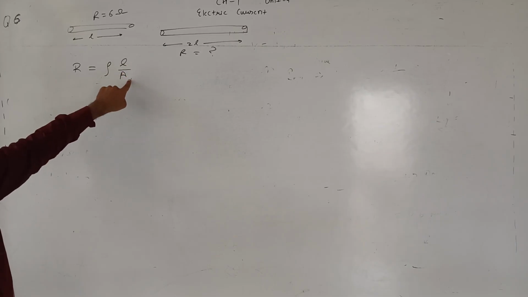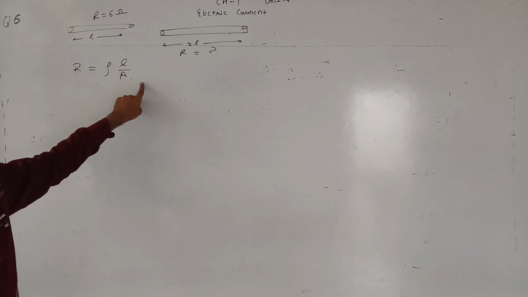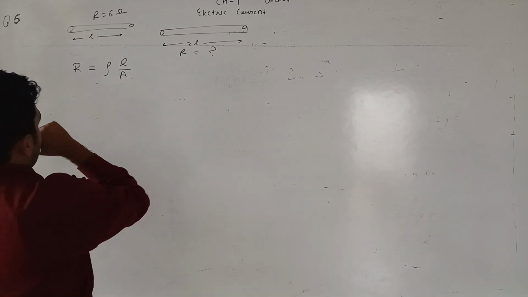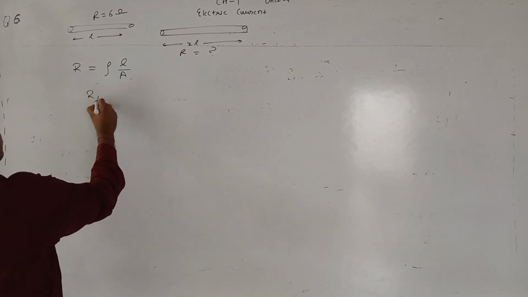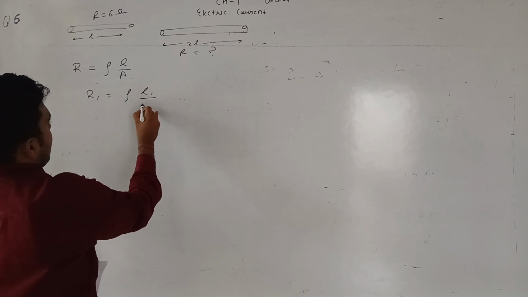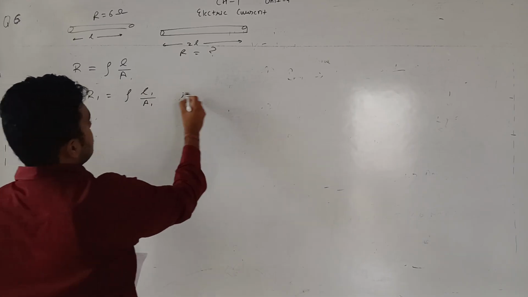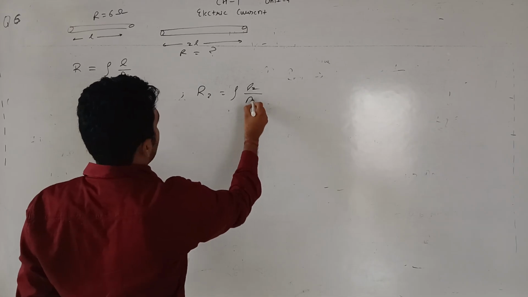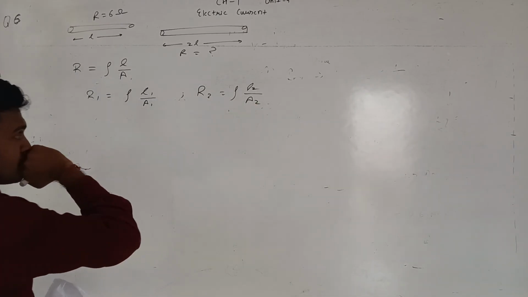Only length and area are changing on stretching the wire, so the resistance will change. Let resistance R1 be rho into L1 divided by A1, and resistance R2 will be rho into L2 divided by A2.